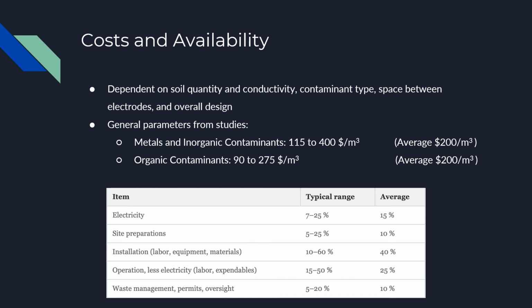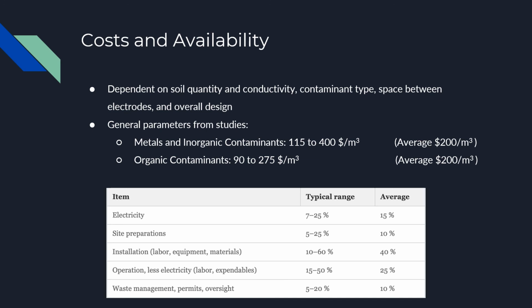However, generally it has been found that metals and inorganic compounds range on the pricier side to treat, from $115 to $400 per cubic meter. Organic pollutant treatment is estimated to range from $90 to $275 per cubic meter. This is considering the nuances of different sites, but weighted average costs based on literature for both are about $200 per cubic meter to be treated.